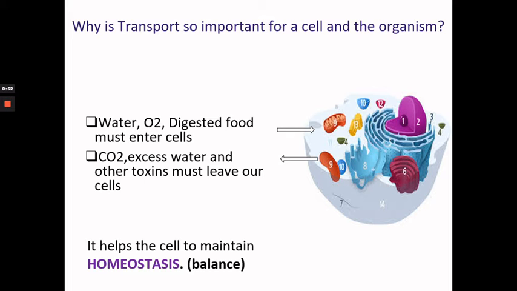The cell will also produce some toxic materials which it has to remove into the outside environment. So things have to move in and out of the cell to give the cell the materials it needs to survive. All of these processes help to balance the inside environment with the outside environment of the cell. We call this homeostasis.